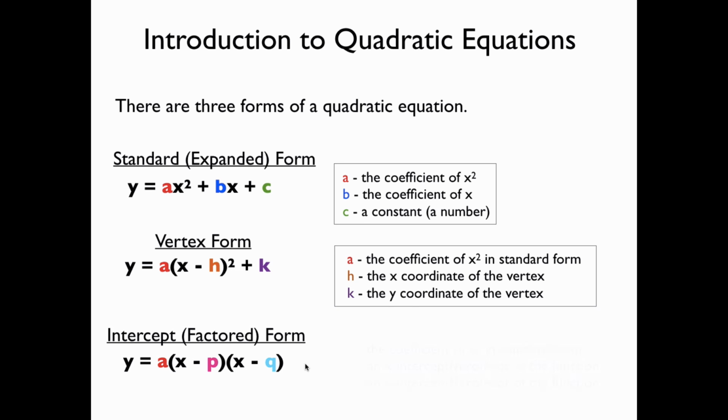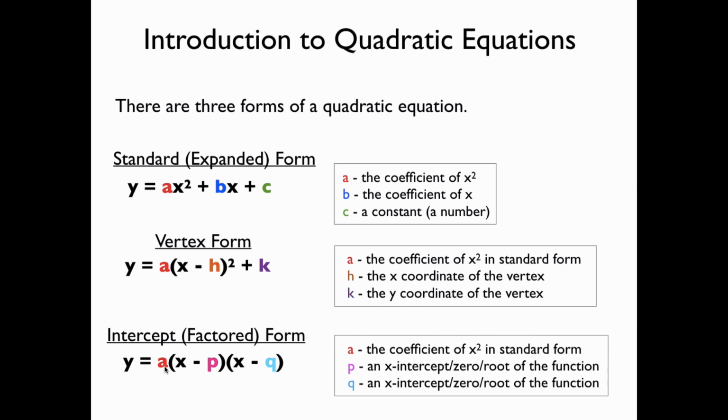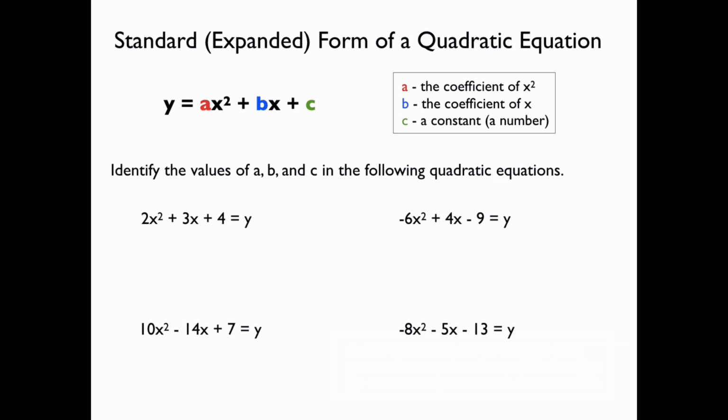And as you might guess, a represents the same value as the a in vertex form and the a in standard form. And the values of p and q represent each of the 2 x-intercepts or zeros or roots of the function.